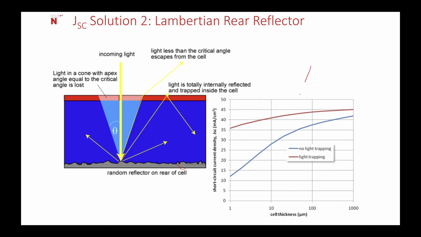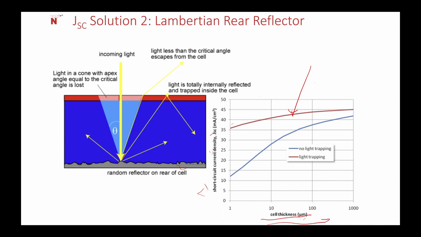So this was the initial JSC, the short circuit current density, versus the thickness of the solar cell, the initial one without any coating.